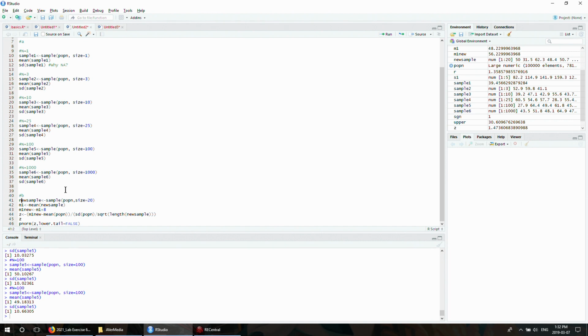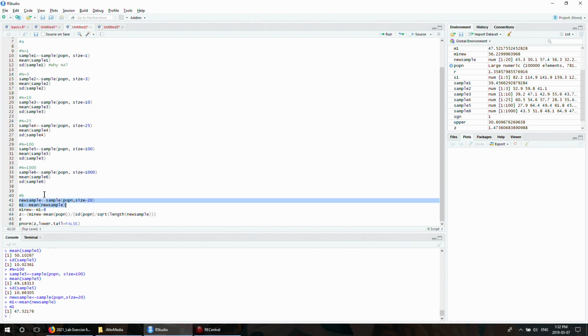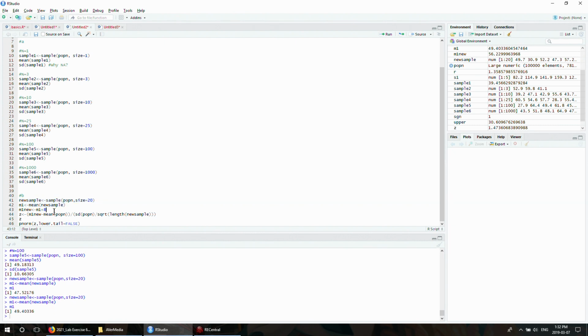So we're going to create a new sample. I'm going to sample from pop_n again, 20 people. And we're going to store in the variable m1 the mean of new sample. That is 47. Okay, let's just, whatever this is, let's do 49. Sure, okay, fine.